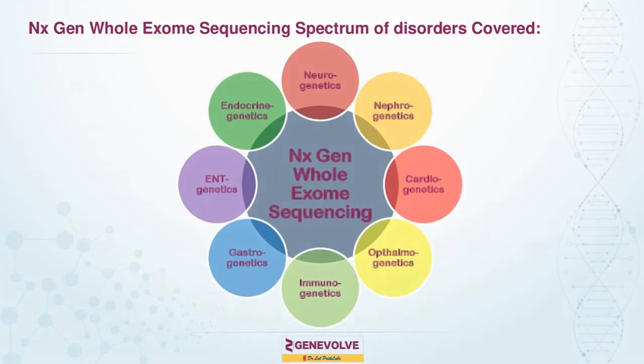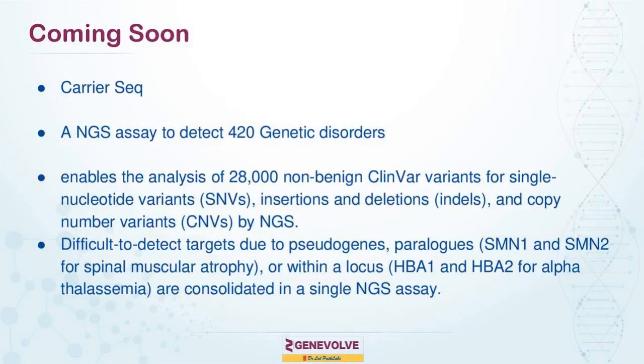So what we are working on currently is a carrier-seq validation. It's an NGS assay that detects more than 420 genetic disorders, and this enables the analysis of 28,000 non-benign ClinVar variants, which includes SNVs, indels, as well as copy number variations by NGS, and things which are difficult to detect because of the presence of pseudogenes or paralogs such as SMN1, or within a locus such as HBA1 and HBA2 for thalassemia.